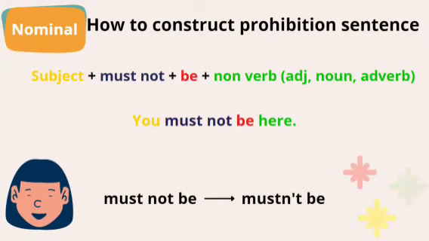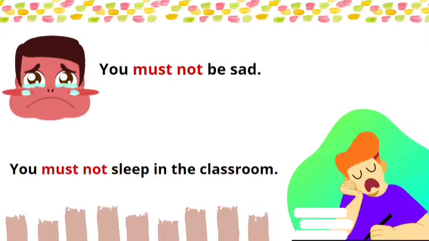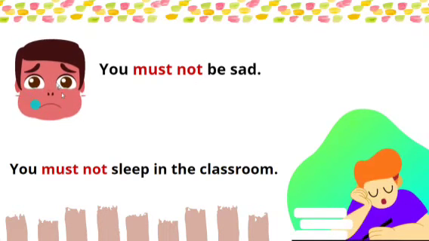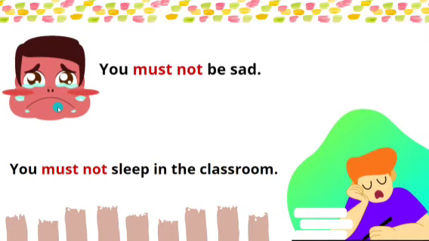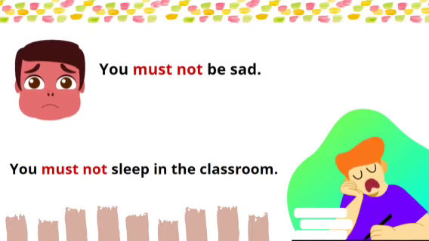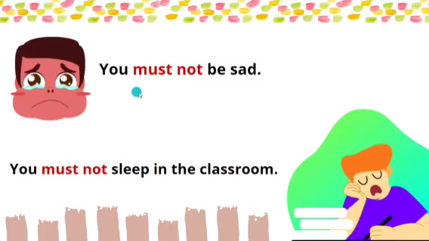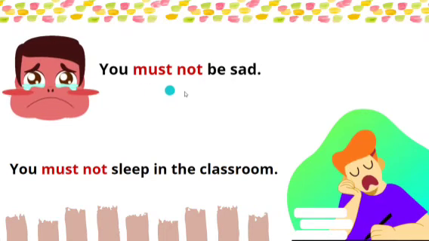Kemudian ada sentence, you must not sleep in the classroom. Kamu tidak boleh tidur di dalam kelas. Oke? So, sad di sini adalah kata sifat, maka kita gunakan be. Sedangkan sleep is the verb. Sleep itu kata kerja, artinya tidur. Maka kita tidak memerlukan kata be di sini.